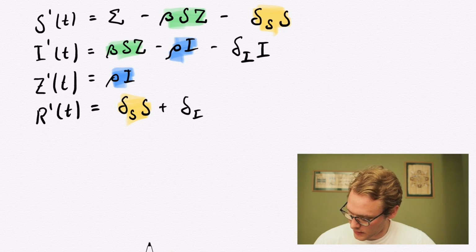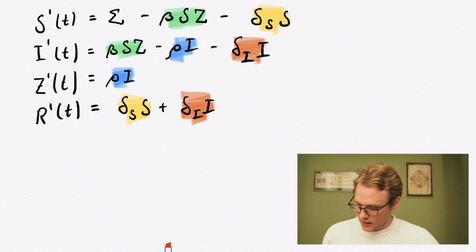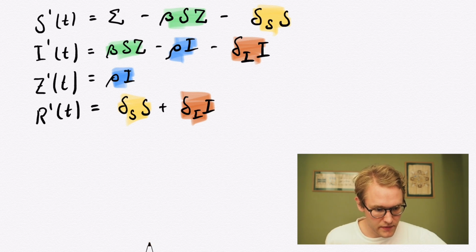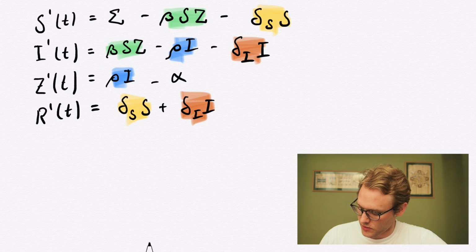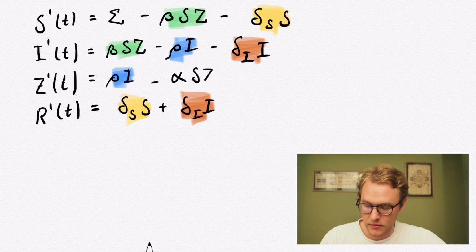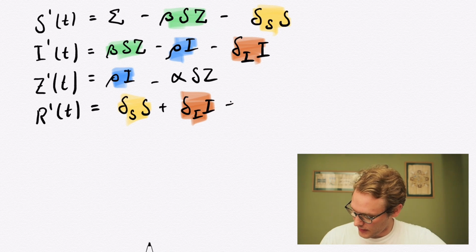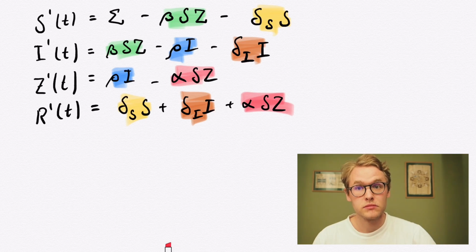Delta I. And one last mode of transition, that's when zombies are killed by humans, call this alpha. So this is the zombie-human interaction, and then they are added to the removed group. Dead. Like so. Get it? I hope you do.